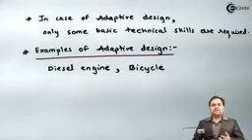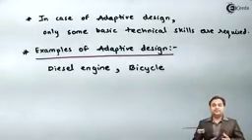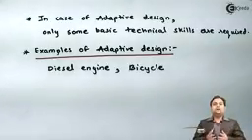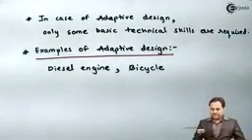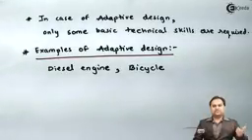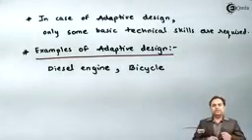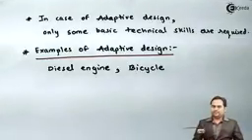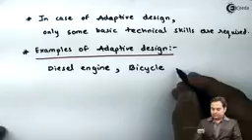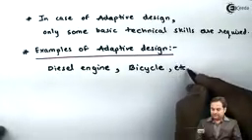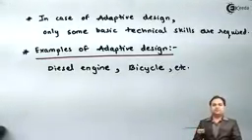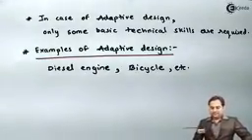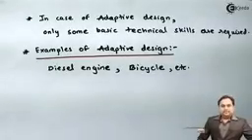Now we even have some bicycles which operate without the use of the pedal, that is, they are battery operated. So bicycle was there previously, but now we are giving some small modifications in that, and hence it becomes adaptive design. These two examples are best understood. We can have a number of examples of existing components where some small changes are made. So this was regarding the adaptive design.